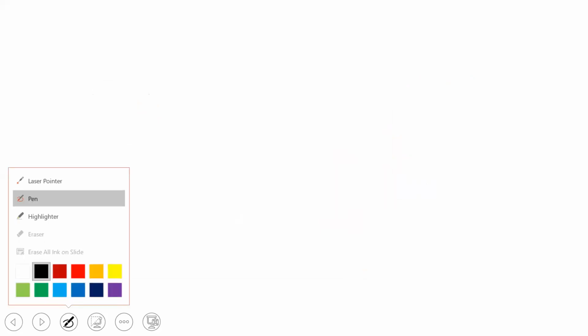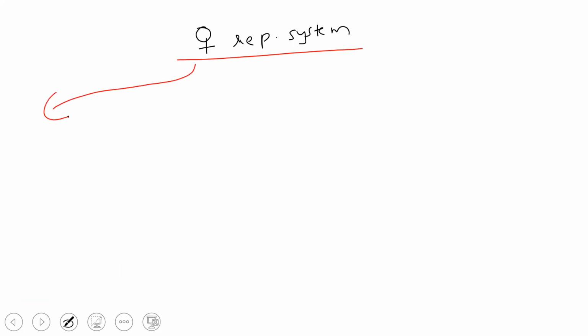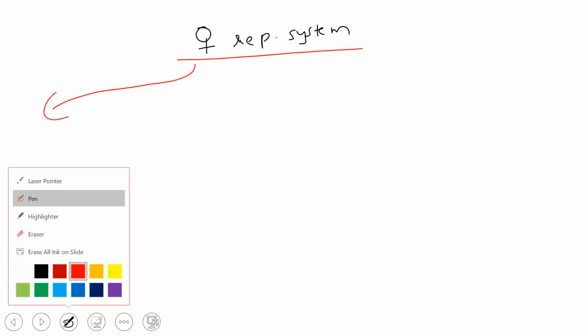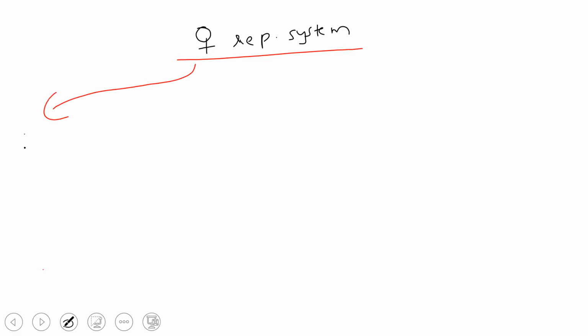So as such, the female reproductive system can be classified. The primary thing it will have is what we call the primary reproductive organs.